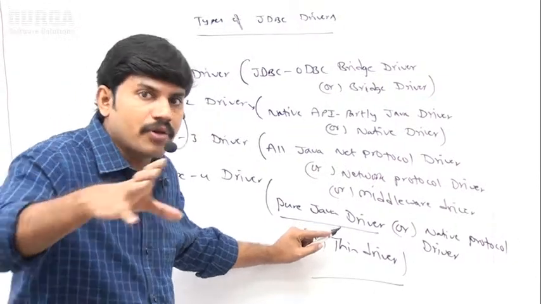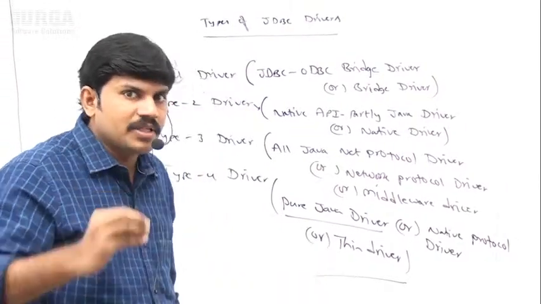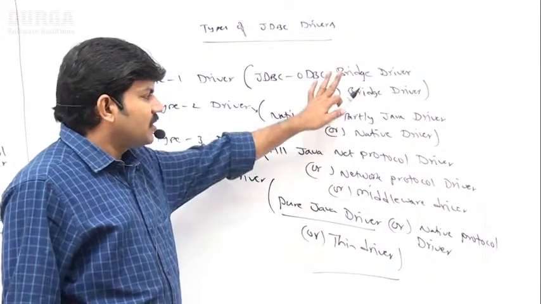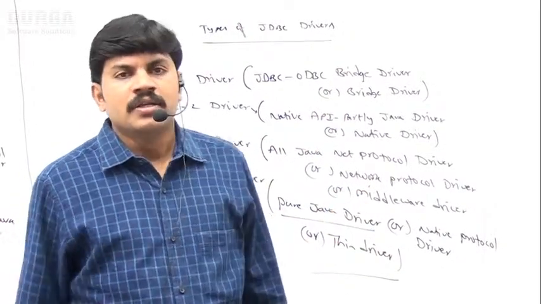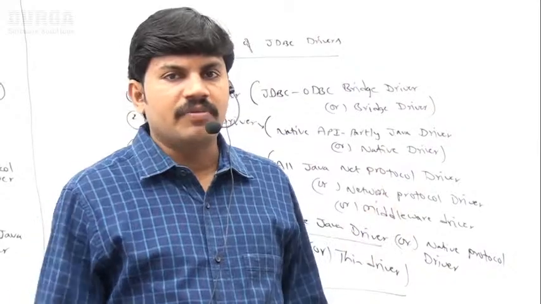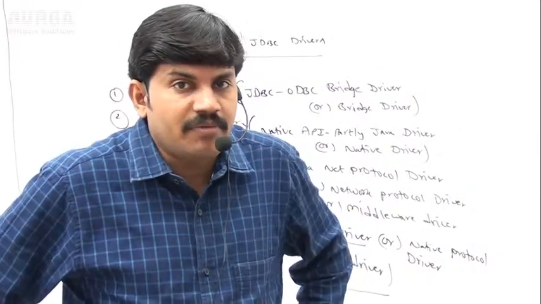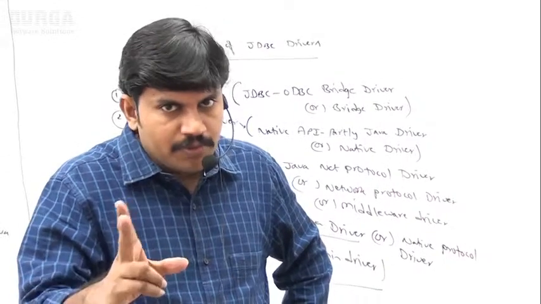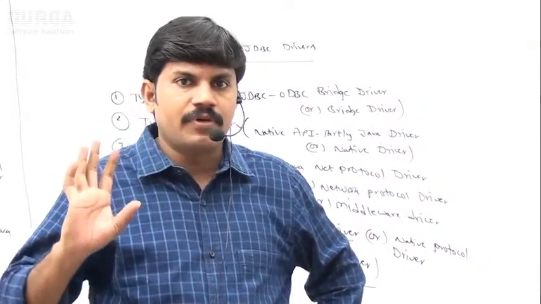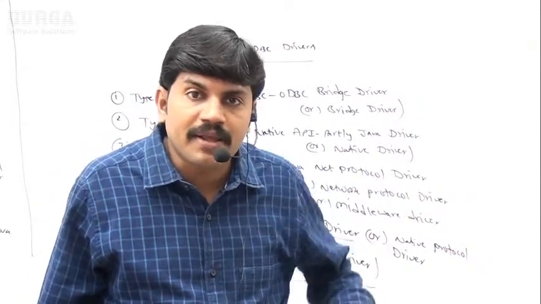Once I introduce the functionality of these drivers, you will be able to understand these parts clearly. But just remember how many types of JDBC drivers there are: 4 types. Type 1, type 2, type 3, type 4. Next, what is the purpose of driver software?